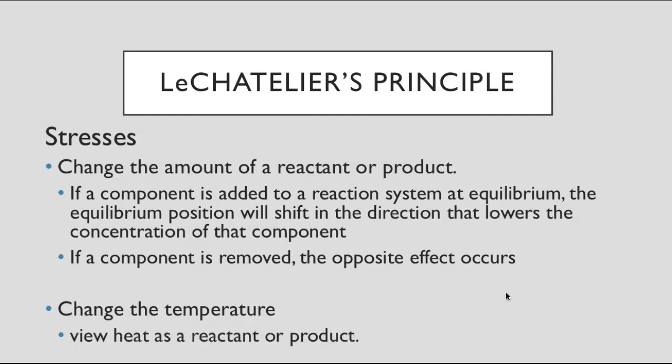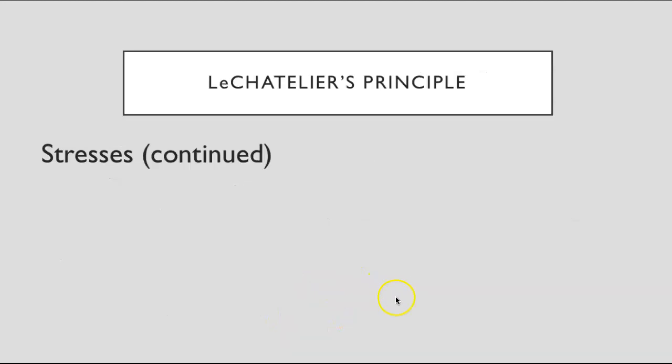You view heat as a reactant or product, and then you look at the rule above. So again, if you add something, it shifts to the other side. If you remove something, it shifts to the same side whatever you removed was on. And we're going to do a lot of examples.